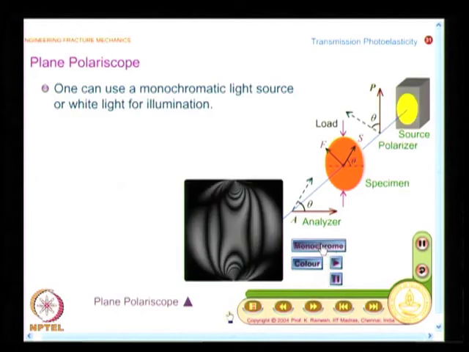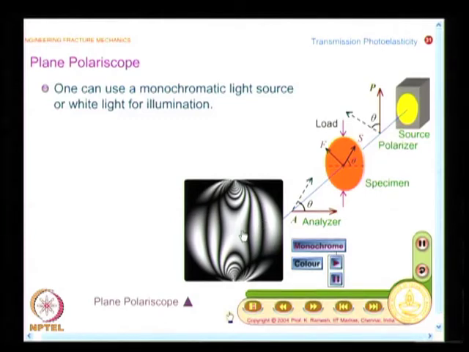We will go to monochrome. And now the question is, I see two dark bands here, are they same as these other dark bands or not? So, what we will do is, we will now rotate the polarizer and analyzer combination, keeping them crossed, and let us see what happens. So, now I rotate them.